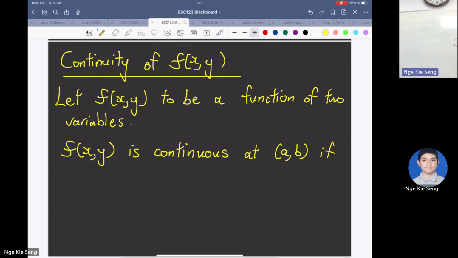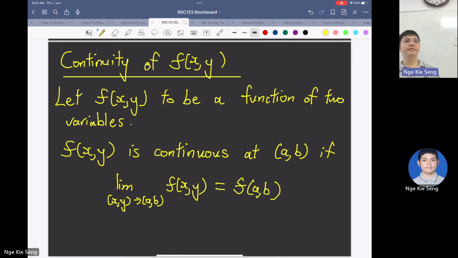What does it mean to be continuous at a point? The limit of f at the point has to equal the value of the function at that point.